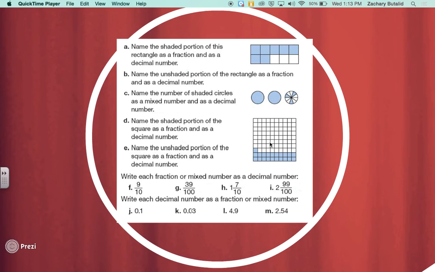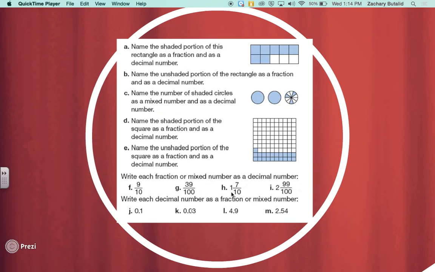Letter D, instead of tenths, we're going to use hundredths because this is a hundredths square. All right, and you just have to count up how many you have, and then do the shaded portion and unshaded portion as fractions and decimals. And then we're going to write each fraction or mixed number as a decimal number.